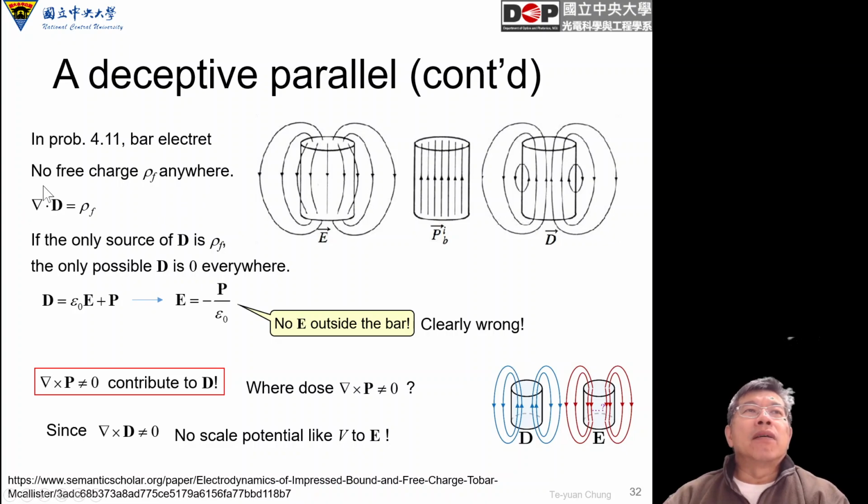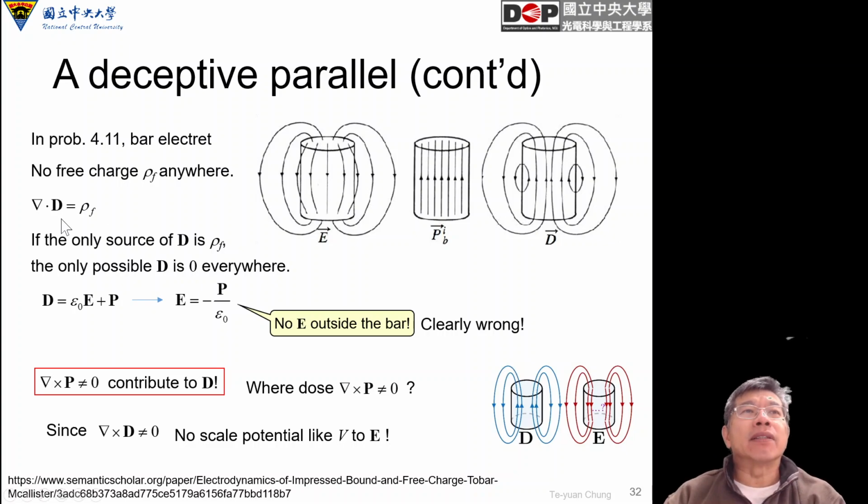Because the divergence of D equals the free charge volume density, if the only source of D is free charge density, then the only possible D is 0 everywhere.